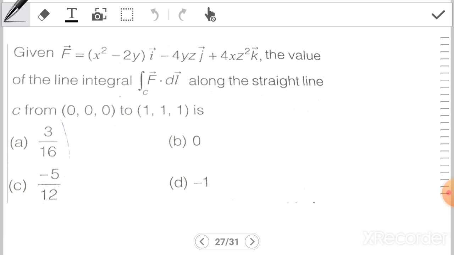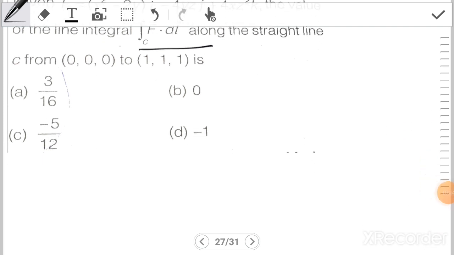Given f is equal to x square minus 2y i cap minus 4yz j cap plus 4xz square k cap, the value of the line integral along the straight line. This is again on the line integral. We have just solved this kind of problem.